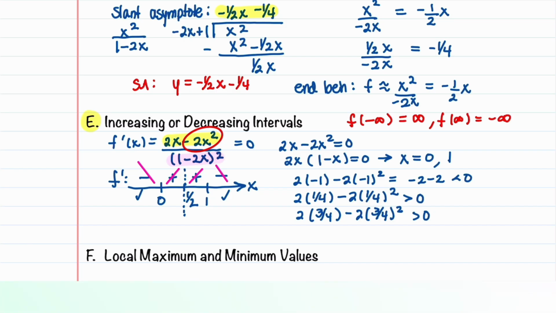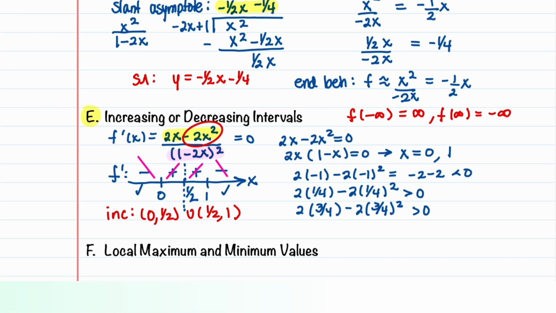Let's go ahead and write that down. It is increasing from 0 to 1/2 and from 1/2 to 1. Notice we cannot say that it's increasing at 1/2 because we have a vertical asymptote there. And then it is decreasing from -infinity to 0 and from 1 to infinity.